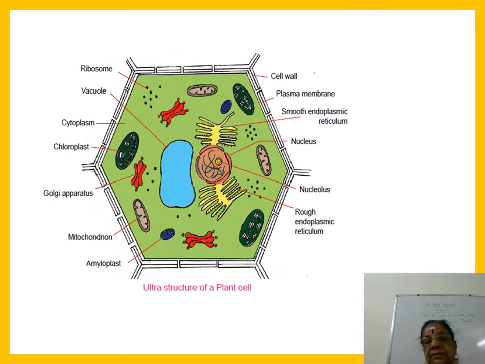All other cells which have a well-defined nucleus with an outer nuclear membrane, inner cytoplasm with the cell organelles, are called eukaryotic cells. Now what you are seeing is the ultrastructure of a plant cell.